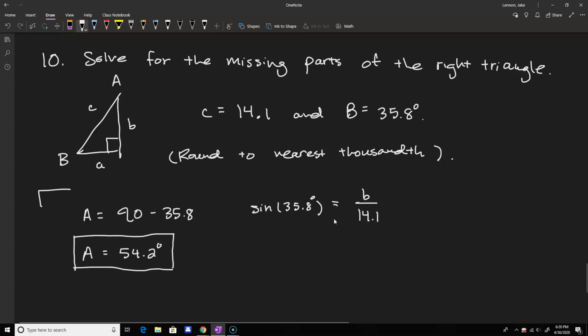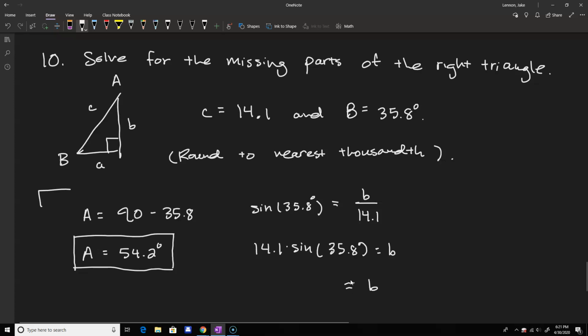So you can just cross multiply to solve for b. If you do 14.1 times the sine of 35.8, we get the value of side b.